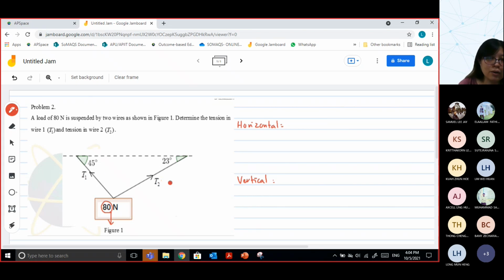When it comes to the angle, since we have 23 here, the angle here will be 23 as well. For the 45 here, the angle here will be 45. So let's work out the answer for T1 and T2 for this question. I give you 5 minutes, so that after we discuss, you can go for break.